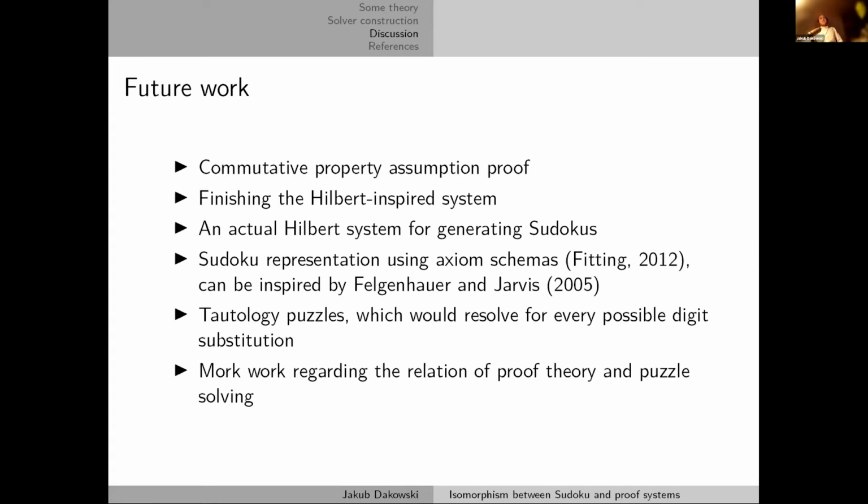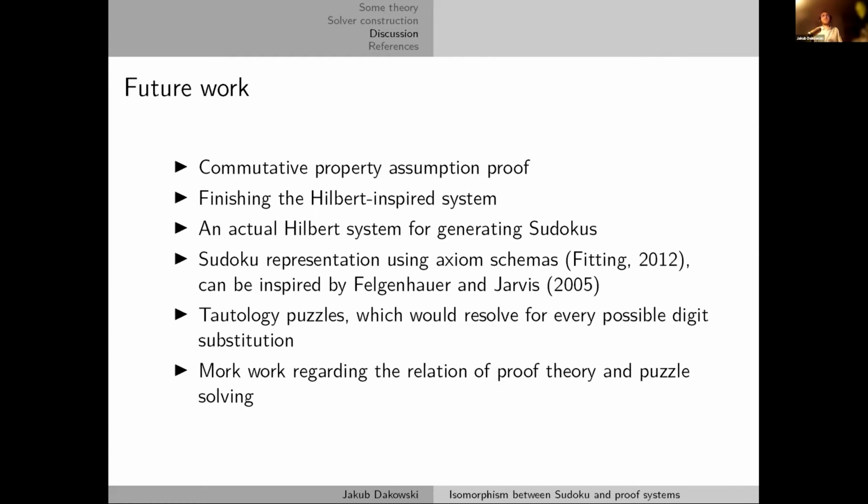When it comes to the future work that can also be done, it would be great to create a proof of the commutative property assumption. It would also be useful to finish the Hilbert-inspired system I've proposed first, because as I've already said, this is resource consuming, but in my opinion it can be done.